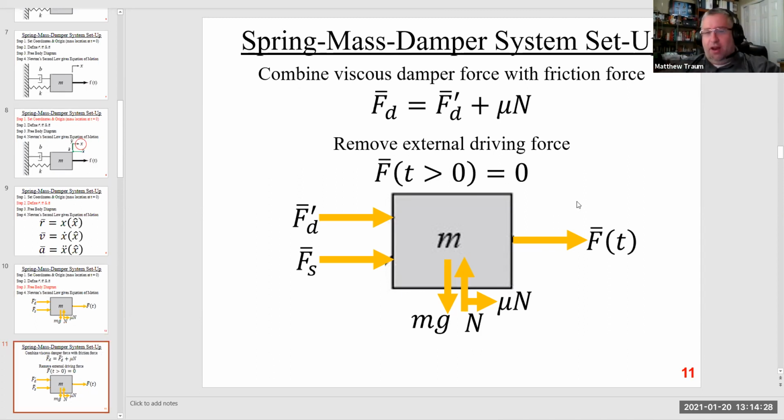Okay, the other thing I want to do is say that this external driving force is zero at any time greater than zero. The reason is that when we solve this problem for the flame tube, I'm only worried about, at least for this analysis, what happens after the compression process is over.